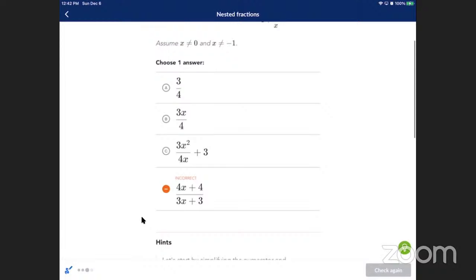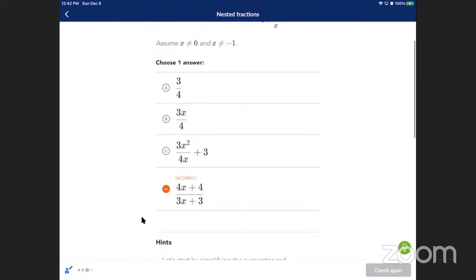I think we cross multiply. So we end up with xy times xy over x plus y times 3. Okay.